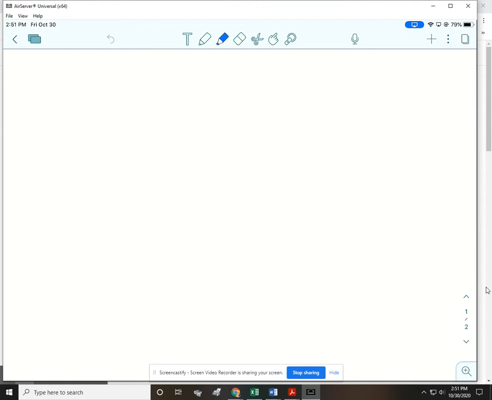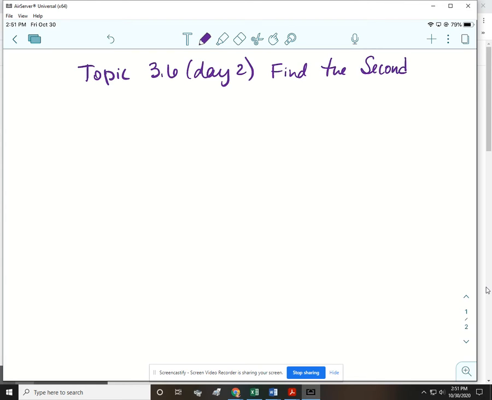Right, this lesson we are going to be finding higher order derivatives again, like we did in the last lesson, but these are going to be found through implicit differentiation. So we're still in topic 3.6, and we're going to be finding the second derivative implicitly.